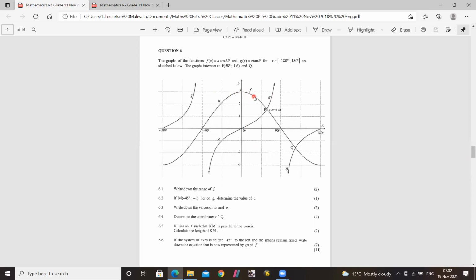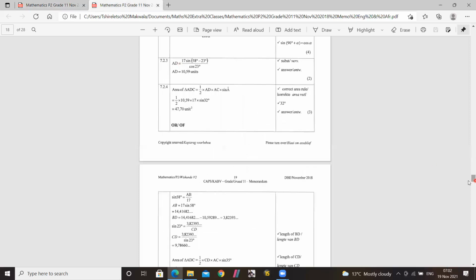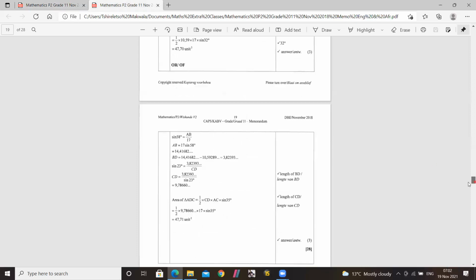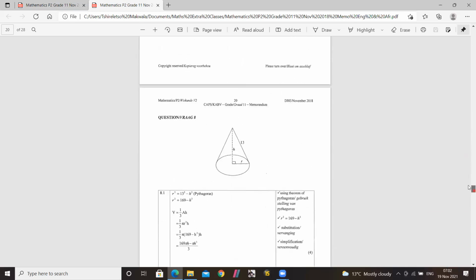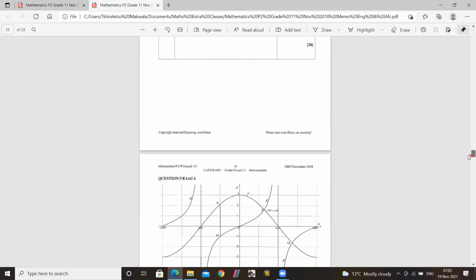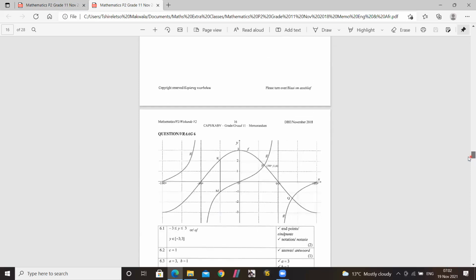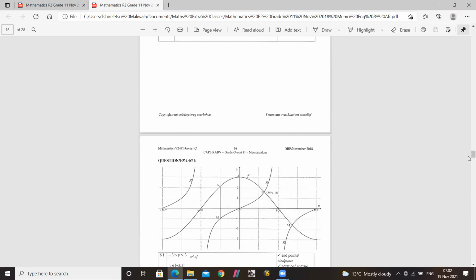As you can see, f can go as high as 3 and as low as -3. So the range of f is -3 to 3. Basically, range are all the y values that this graph can touch.